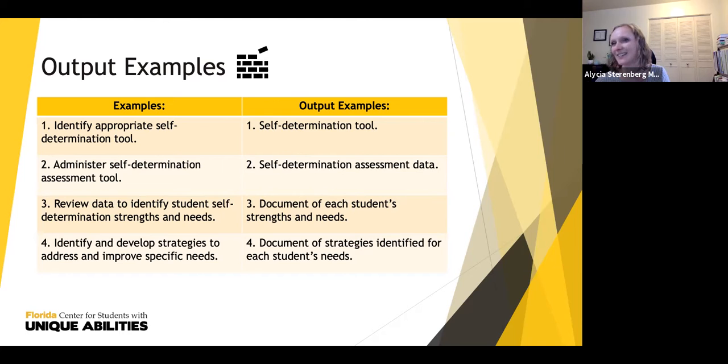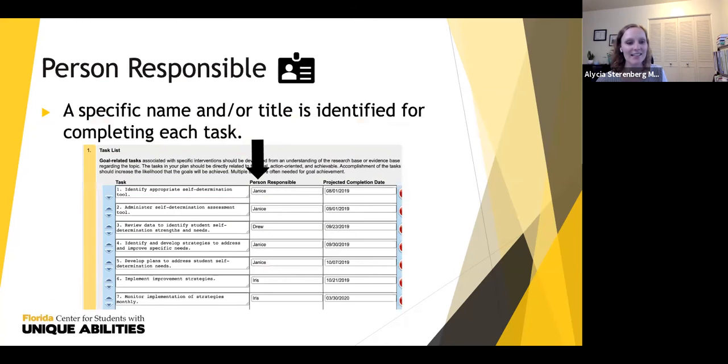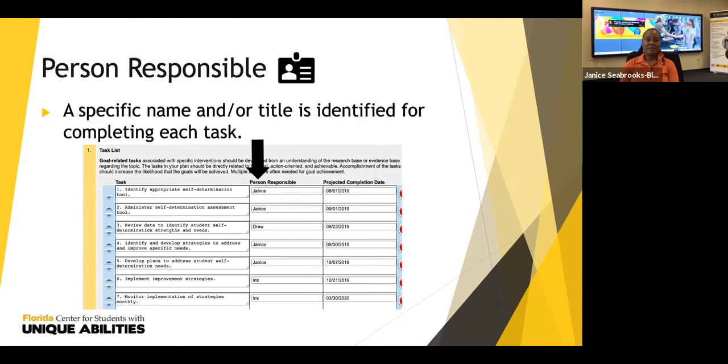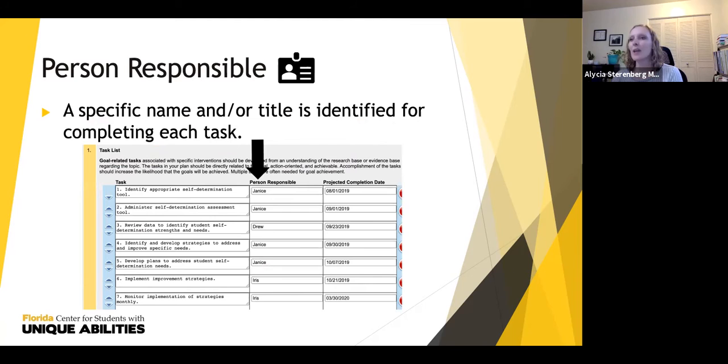Okay, great. Let's move on to the next element of technical soundness. And this is identifying a person responsible. So this is a specific team member's name and/or title identified for completing each task.